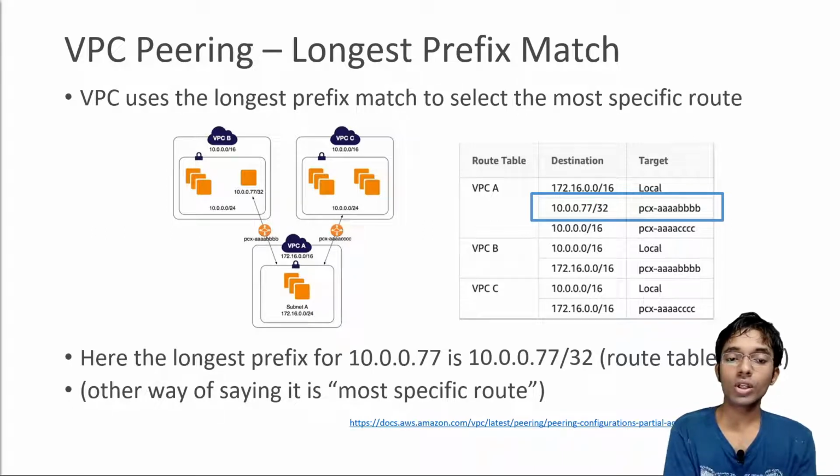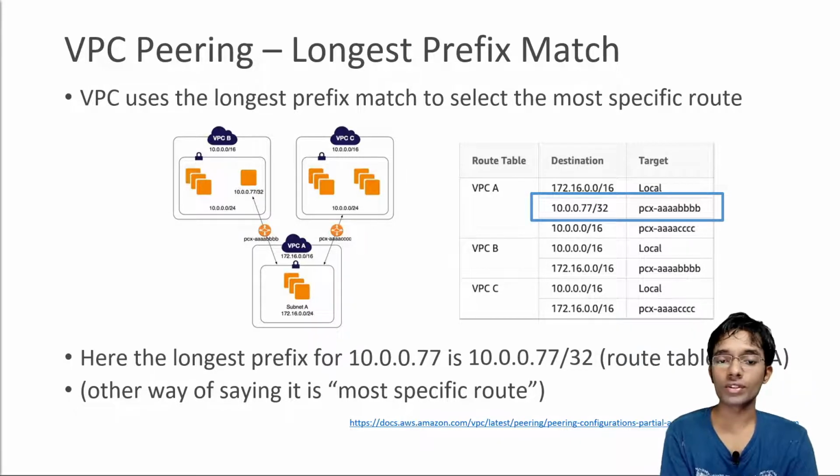So we definitely cannot peer VPC B and VPC C together, because they have overlapping CIDRs. But VPC A doesn't have an overlapping CIDR with either VPC B or VPC C, and therefore we are able to create two VPC peering connections.